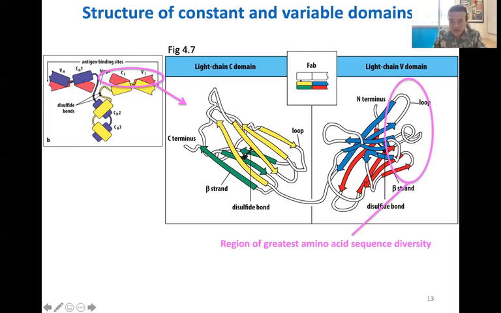Importantly, these three loop regions here, 1, 2, and 3, are the business end of the antibody or the IG domain that recognizes unique three-dimensional shapes, because this creates a three-dimensional shape that will match up with some sort of antigen.